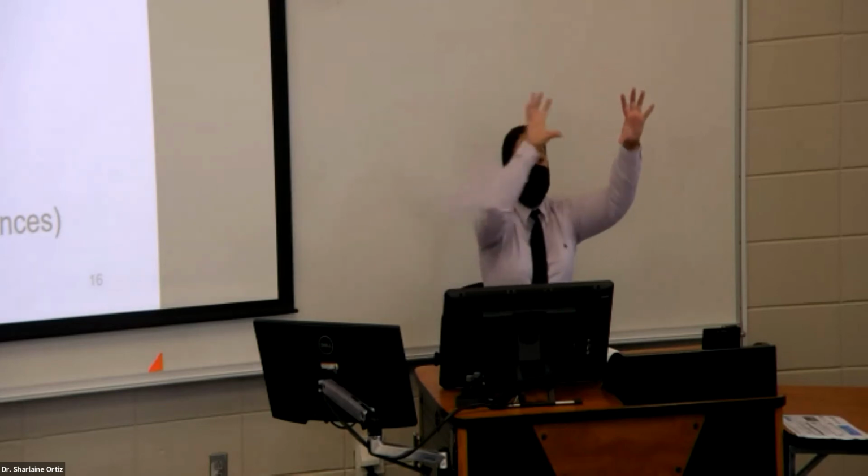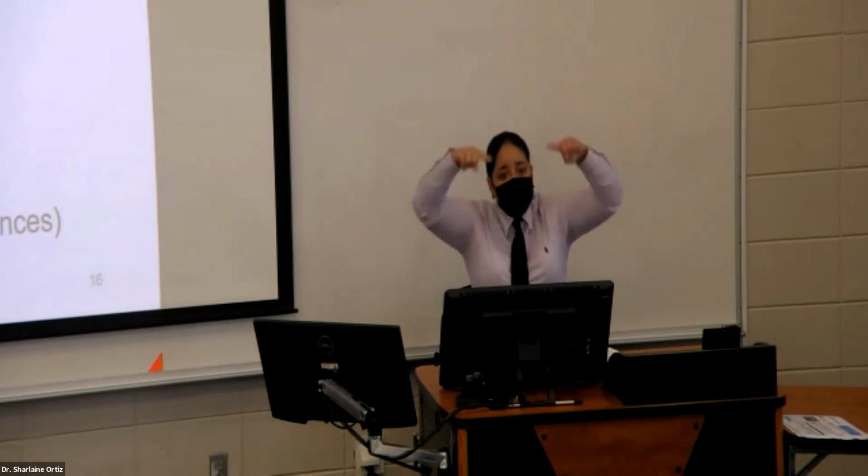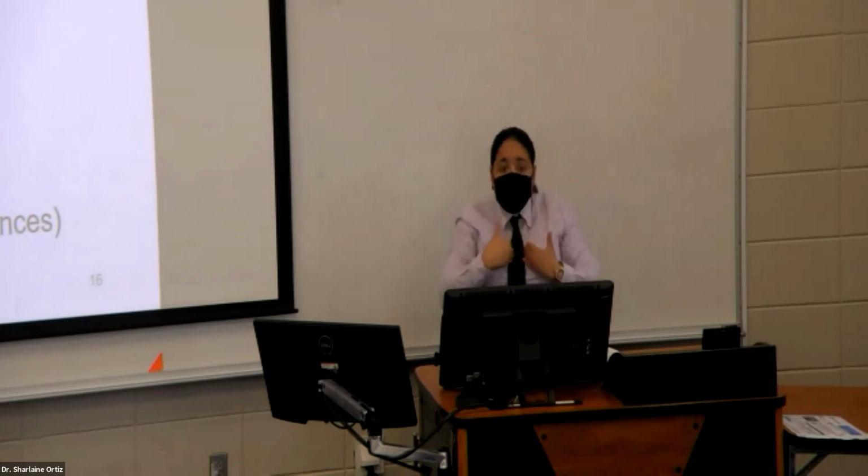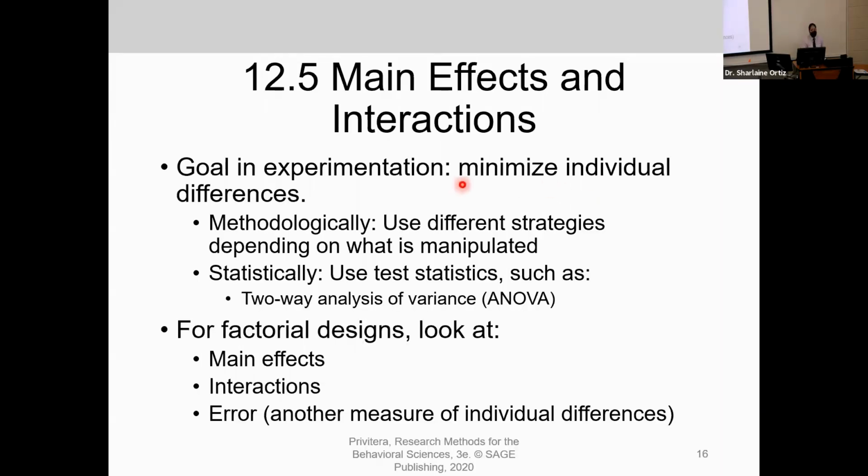Because they are different people in each group, the individual differences that they bring in as research participants can indeed affect that variance, will lead to some form of variance. So whenever you're thinking about the individual differences, I also want you to hear between subjects design.